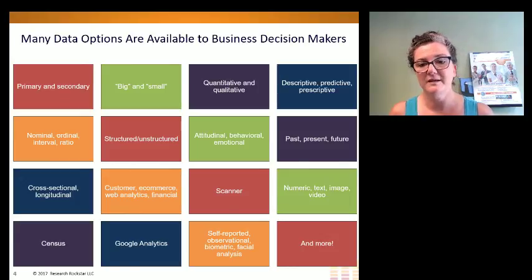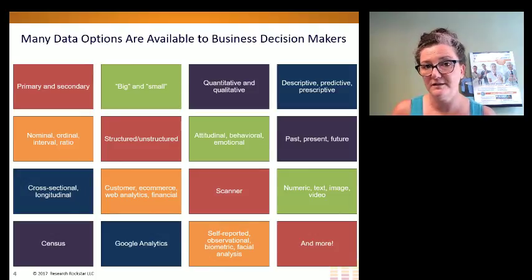They have people who are coming at them who are offering different types of customer analytics. They have people coming at them who are offering access directly to different kinds of social media listening tools that could perhaps be used to uncover sources of pain. They may have access to past purchase data from various sources. So people have all these different options these days. These are just a few different ways of framing all of the different data options that business decision makers these days really do have access to.